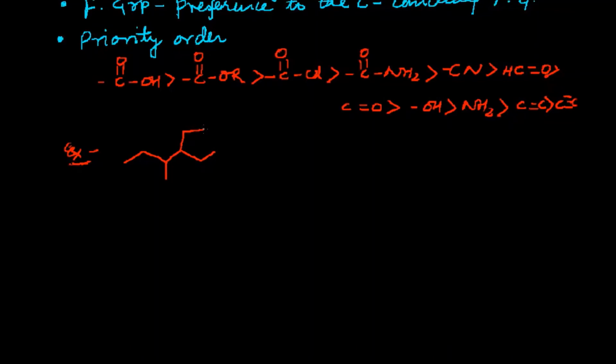If I add one more carbon like this, then 1, 2, 3, 4, 5, 6, and in this case 1, 2, 3, 4, 5, 6 and 7. So this will be our principal chain absolutely.